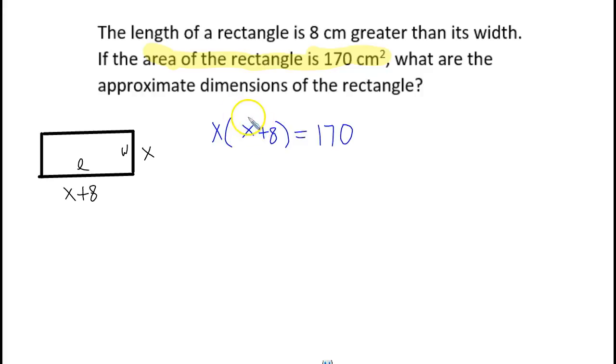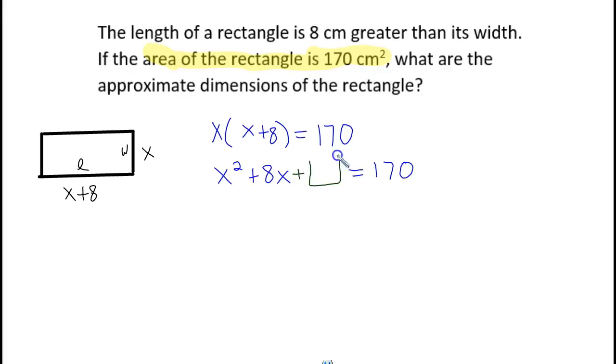This is my area formula, right? Well, I'm going to go ahead and distribute the x into the x plus 8 to get x squared plus 8x. Now, this is a situation where completing the square is a good idea, because we already have all the x's on the left.